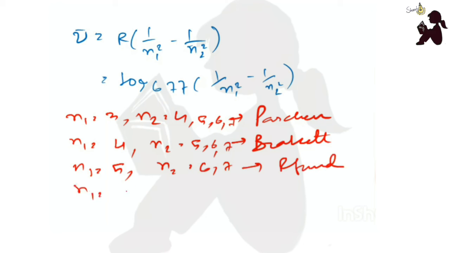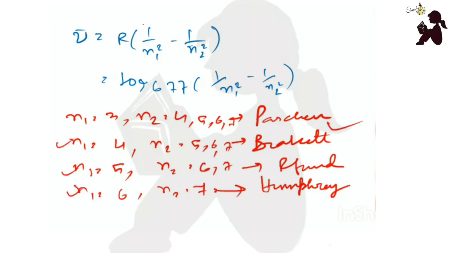Or if n1 equals 6 and n2 equals 7, then it is called the Humphrey series. Normally only up to the Paschen series comes. The rest doesn't come, so don't stress out.